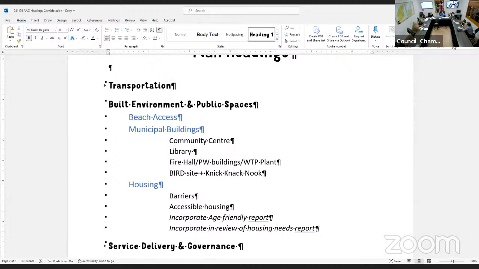Or is it to say, here are some subcategories to think of? So can we have a big heading, like built environment, and the subheading is beaches. Then maybe we have another column for what we learned from previous documents, and a fourth column for future ideas.